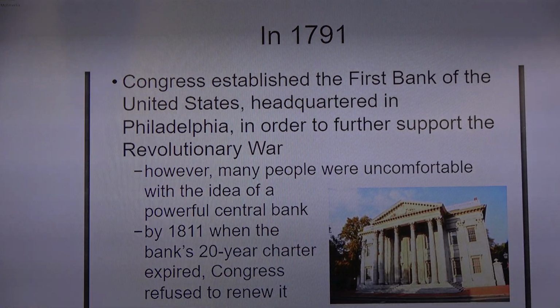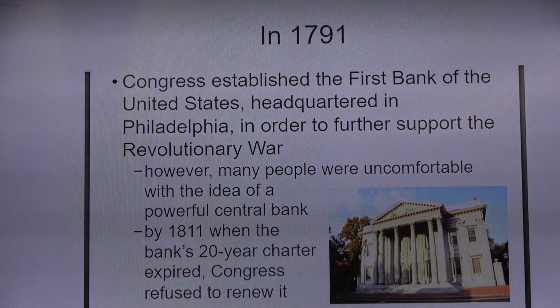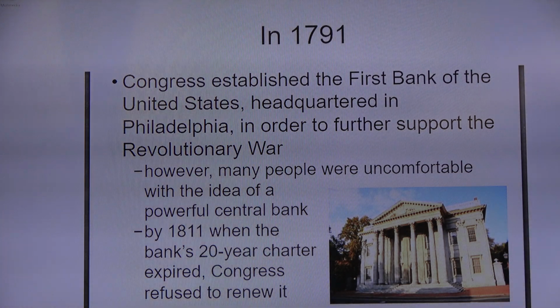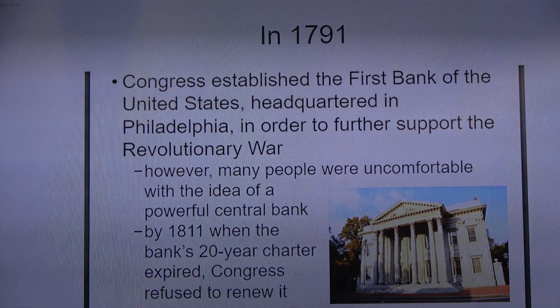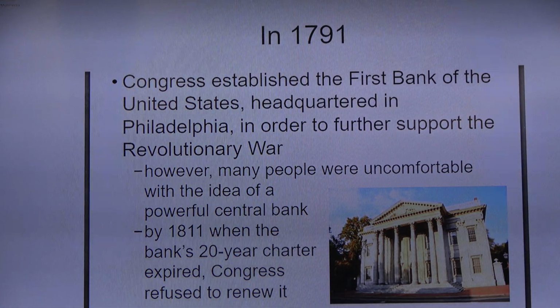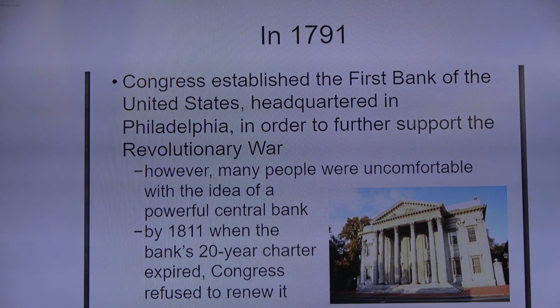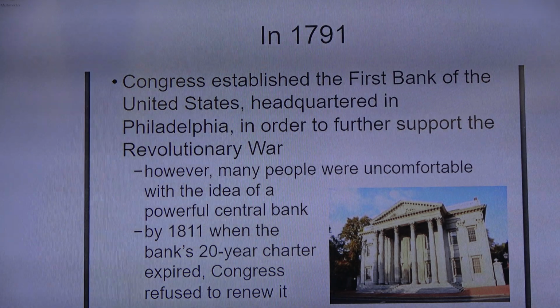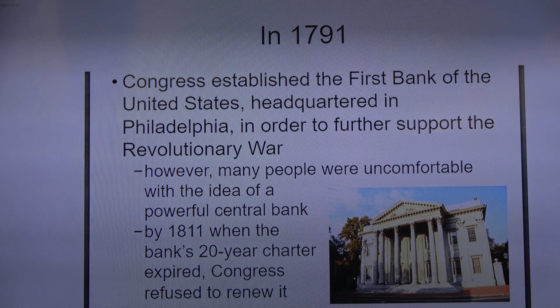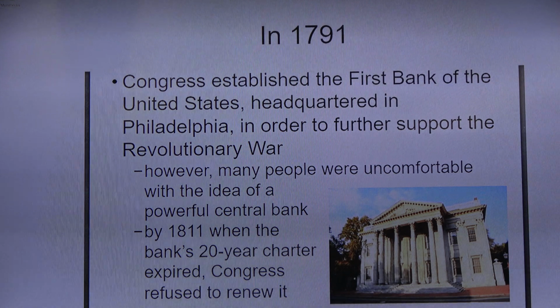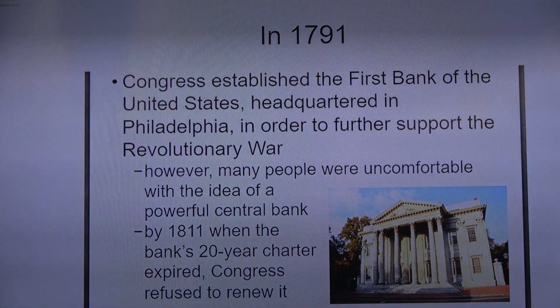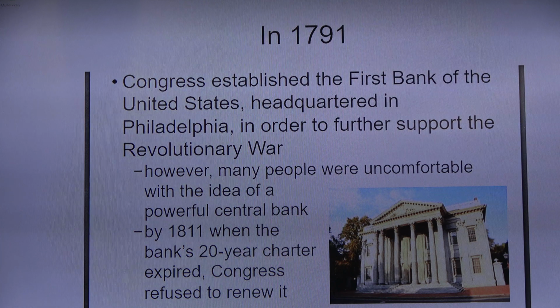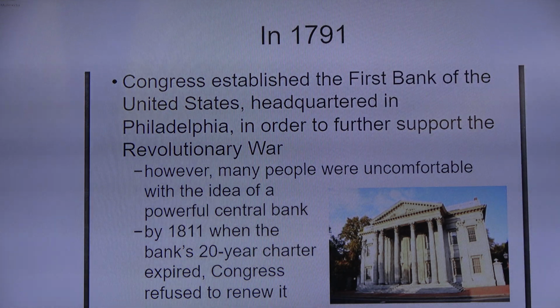So then in 1791, Congress established the First Bank of the United States. It was headquartered in Philadelphia in order to further support the Revolutionary War. There were a lot of people at that time who weren't comfortable with the idea of a powerful central bank. So they didn't trust the bank that much. By 1811, when the bank's 20-year charter expired, Congress refused to renew it.